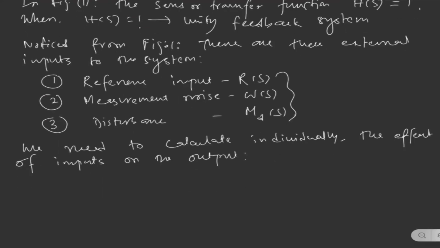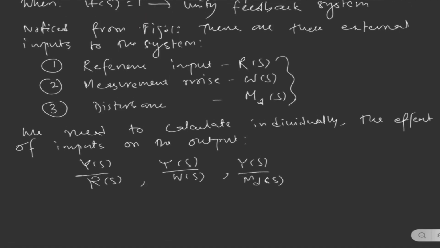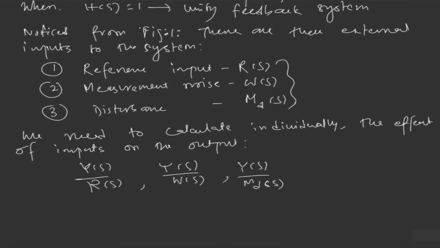So we need to find three different transfer functions for the system. One is Y(s) with respect to R(s), Y(s) with respect to W(s), and Y(s) with respect to M_d(s). And we will see how the response changes with respect to the individual inputs.